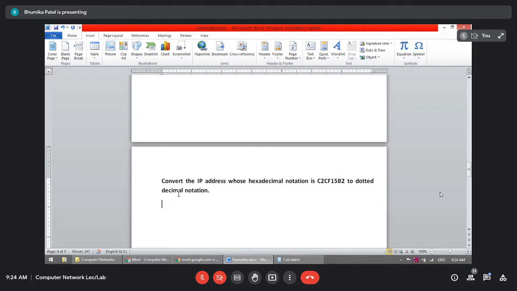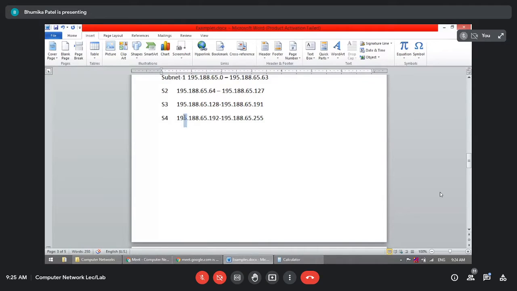See here, first of all, the hexadecimal notation is C2, 2F, 15 and B2, right? Here we are going to divide it into 4 parts, because in dotted decimal notation we have the decimal number in 4 parts.